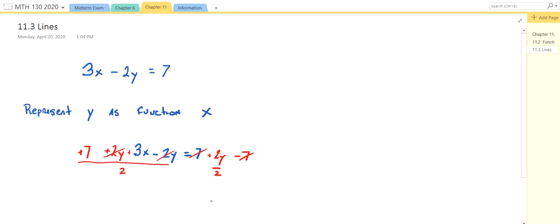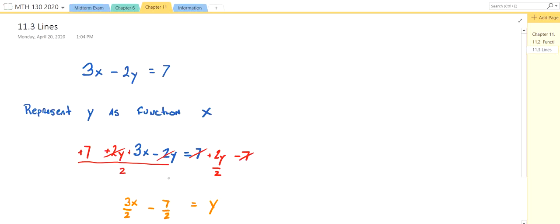So we end up now with y equals 3x over 2 minus 7 over 2.